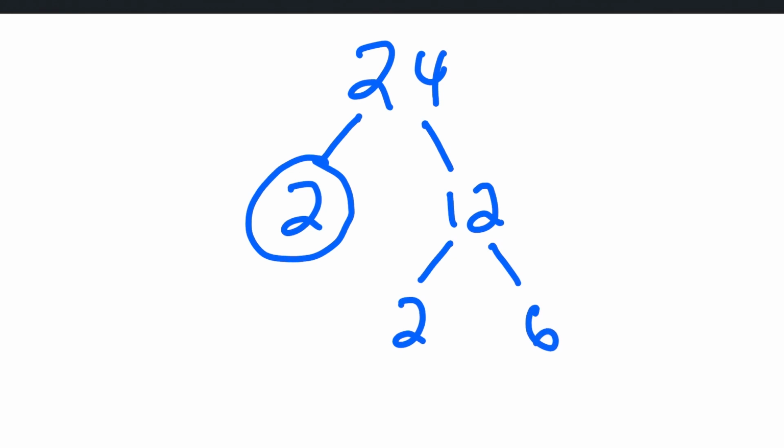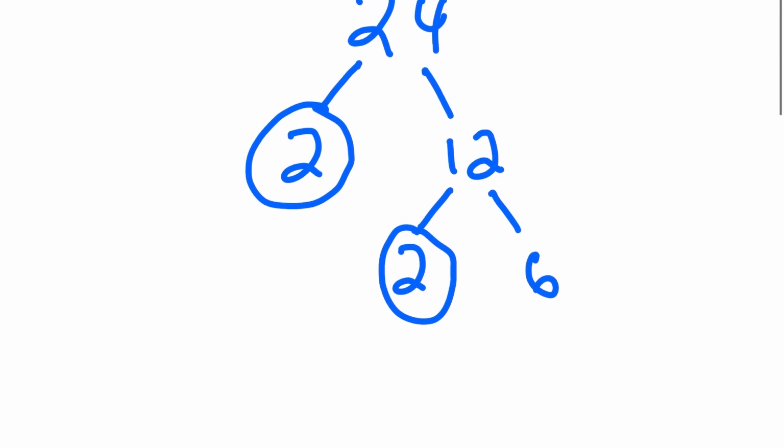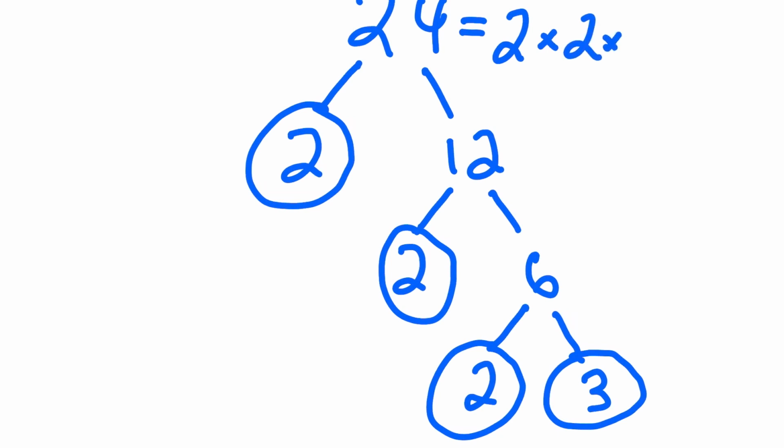I circle 2 because that's a prime number. 6. 2 goes into 6 as well. 2 times 3. Now I've gotten all prime numbers, so all the branches are closed. I got 2, 2, 2, and 3. So this factor tree shows me that 24 breaks up into 2 times 2 times 2 times 3, which is 24.